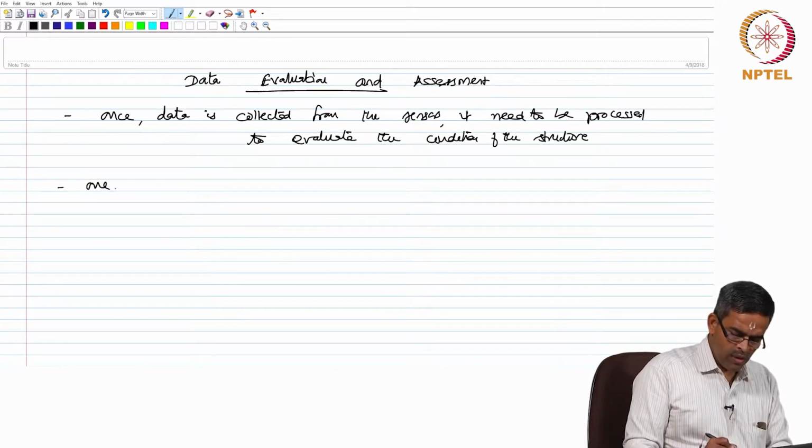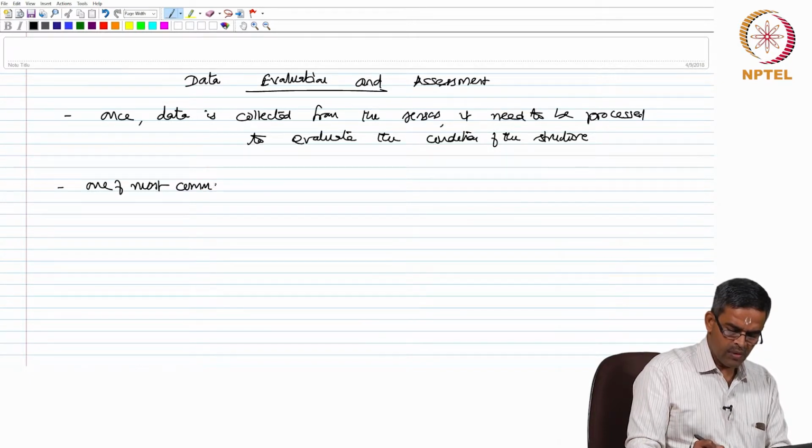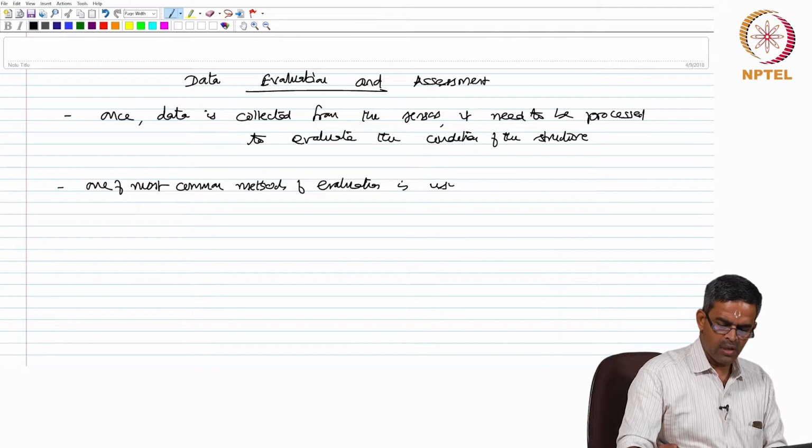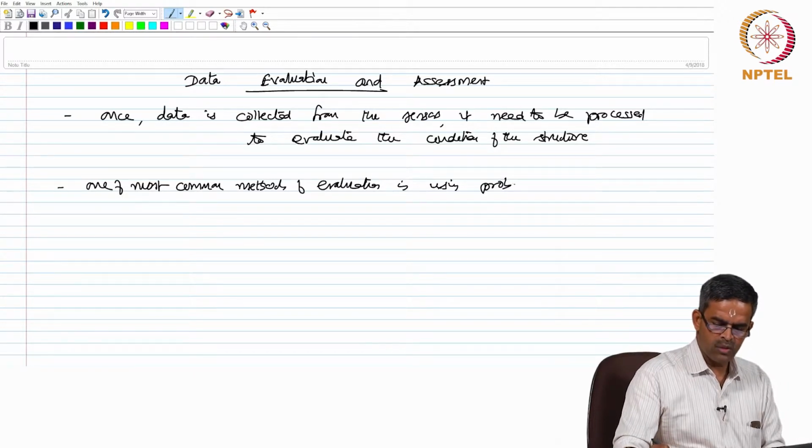One of the most common methods of evaluation is using probabilistic tools.